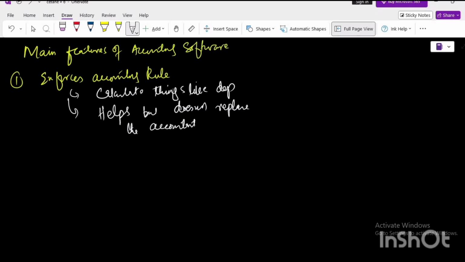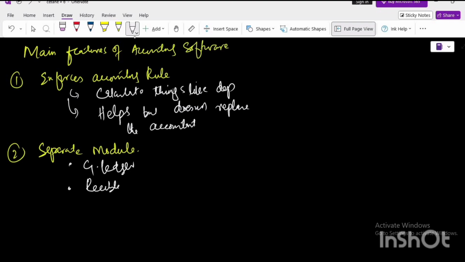Now the second feature of the accounting software is separate modules. By this we mean that we have general ledger, and the general ledger module records assets, liabilities, income and expenses. We have the account receivable module. You have the payable module.